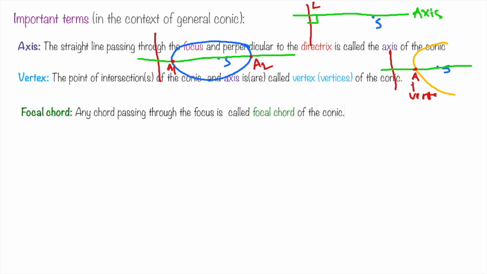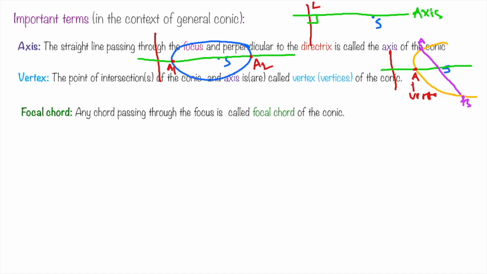Focal chord. Any chord passing through the focus is called focal chord of the conic. For example, any chord passing through the focus. So this is one chord, let's say AB.